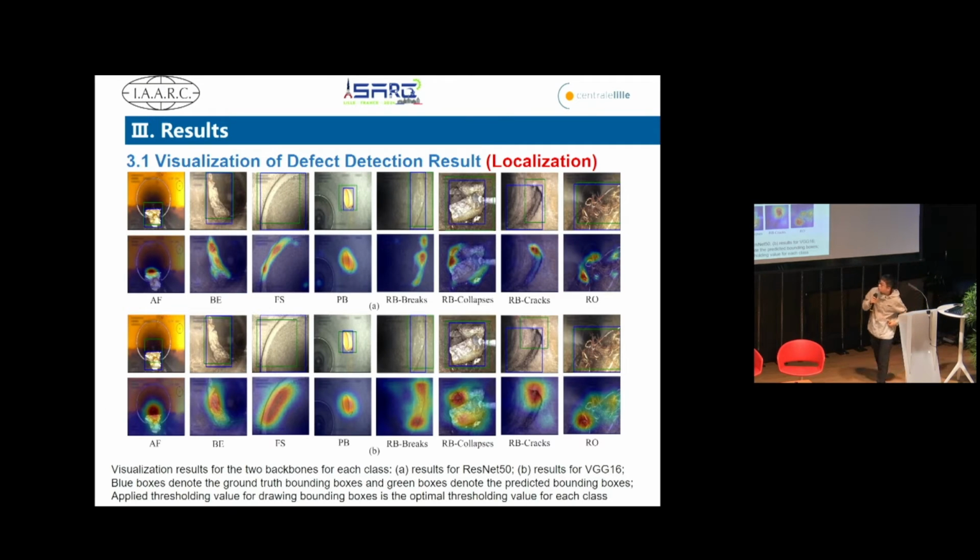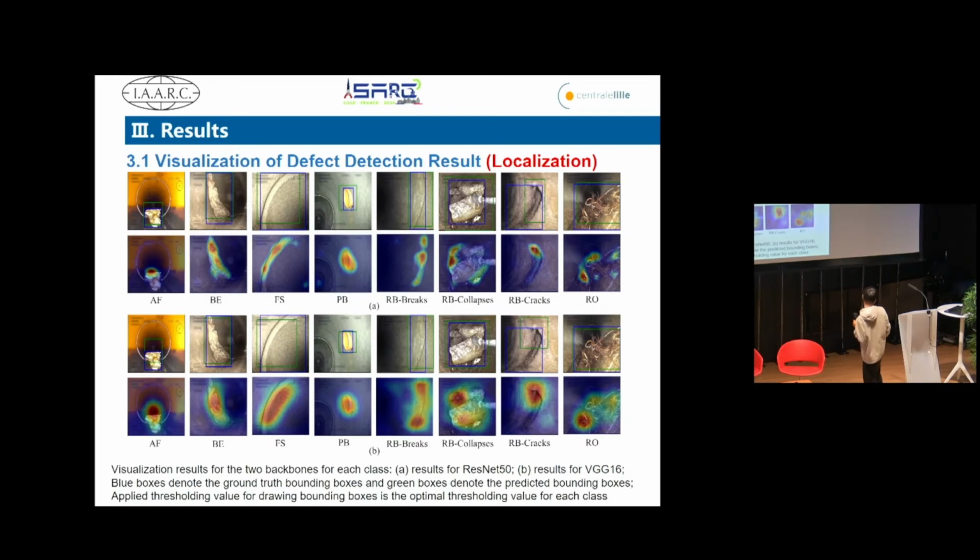So these are some localization results. Let's look at one image. For example, for a defect of cracks, this is a heat map generated by the ResNet-50 model.